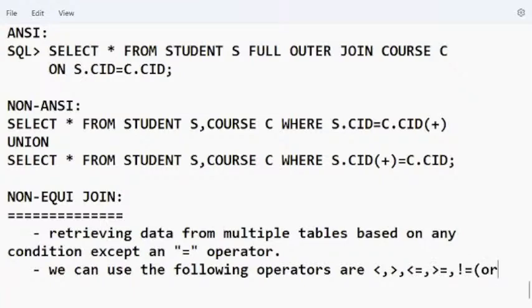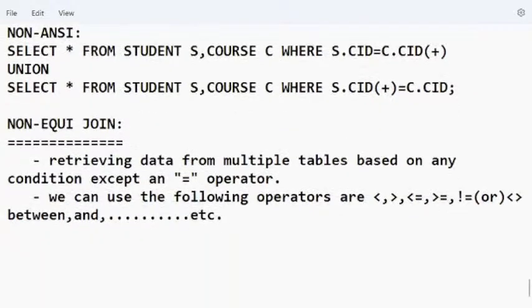You can also use between operator, and operator, or operator, whatever you want. But which operator should you not use? Equal. Other than equal, you can use any operator. Now we will see the examples.